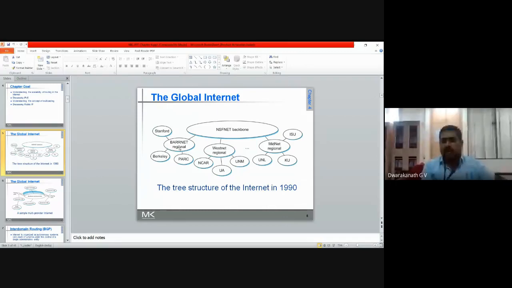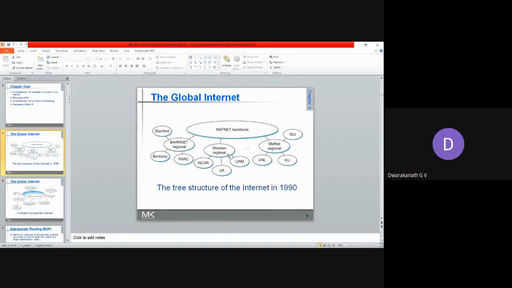And different regions, you can see. This is an example taken from the USA, and you can see here that BARRNet will be there, WestNet will be there, MidNet will be there, and like this the entire USA has been divided into three regions.